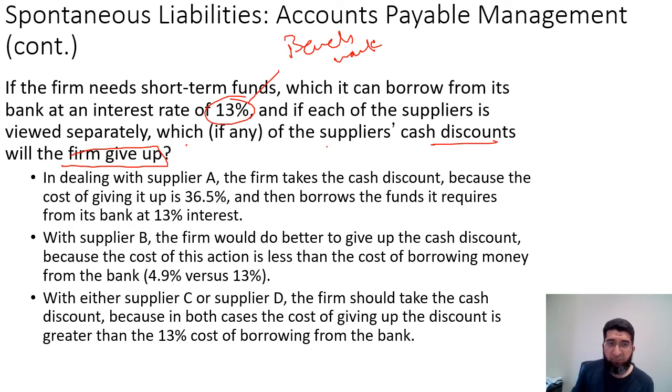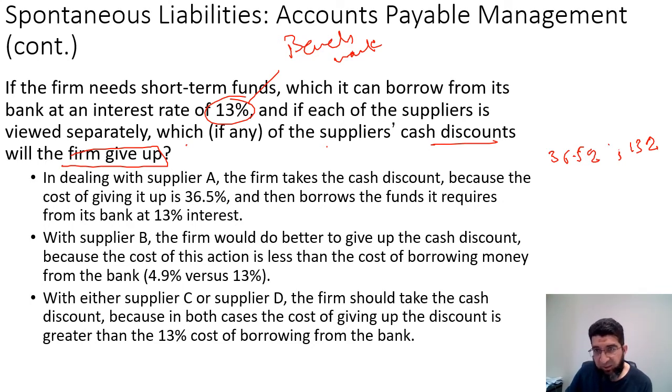So in dealing with supplier A, the firm takes the cash discount because it is 36.5%, and then borrows the funds it requires from its bank at 13%. So either I can give up the discount at 36.5% and borrow the funds at 13% to fund the process.